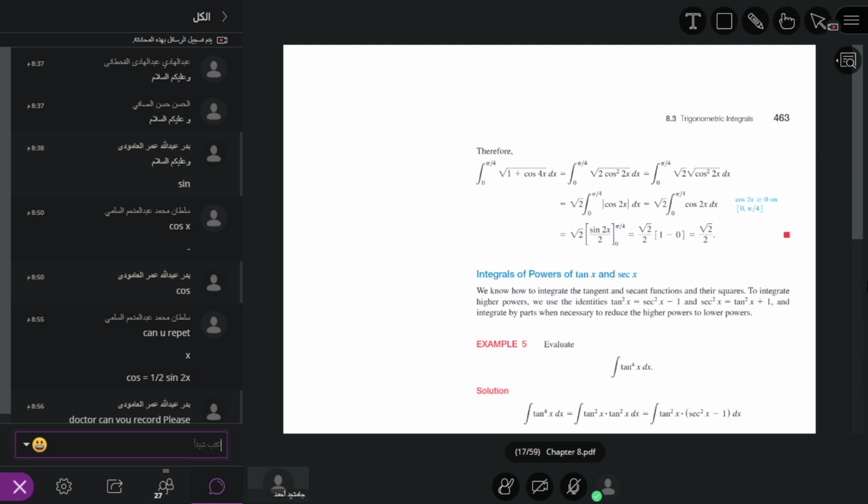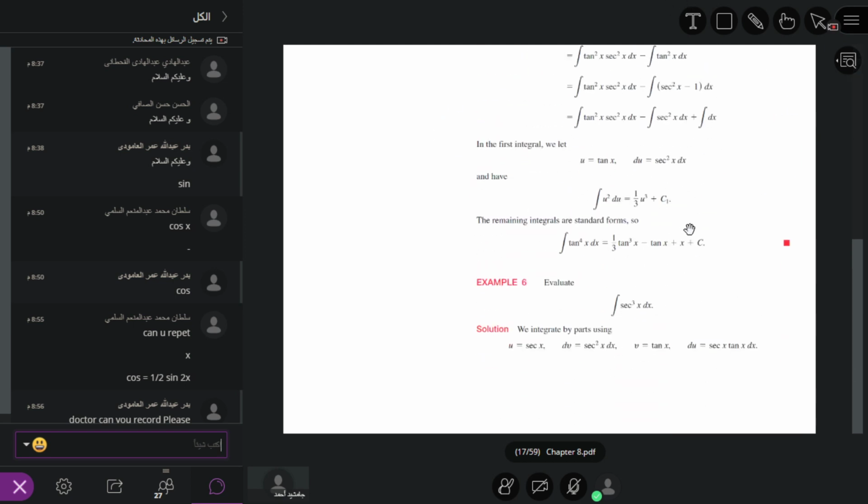If we have sec square x, it means the power of sec is even. Then we split sec square x from the sec and write it at the end. If the power of tan is odd, we split one sec x from sec and one tan x from tan and write them at the end.